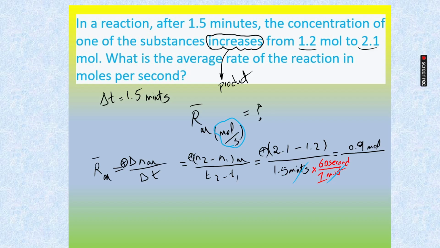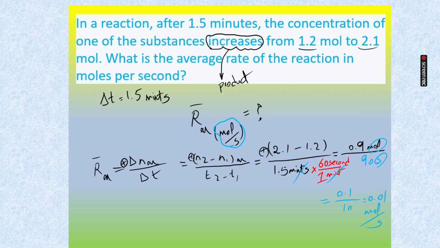If I continued with 1.5 minutes, my unit would be mole per minute, but I'm looking for mole per second. 1.5 times 60 is 90 seconds. So 0.9 mole over 90 seconds should be 0.01 mole per second.